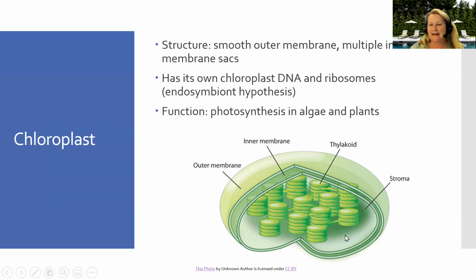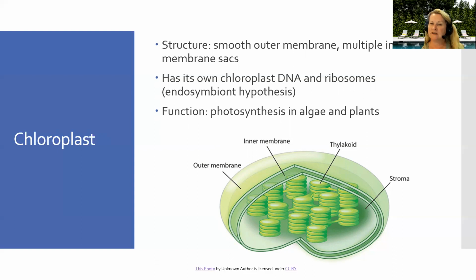And then inside, instead of having just one inner membrane, there are multiple inner membranes, like little stacks of pancakes, okay? Again, the chloroplast has its own chloroplast DNA and its own ribosomes that are similar to ribosomes found in bacteria. More evidence for the endosymbiont hypothesis that chloroplasts used to be independently living bacteria.